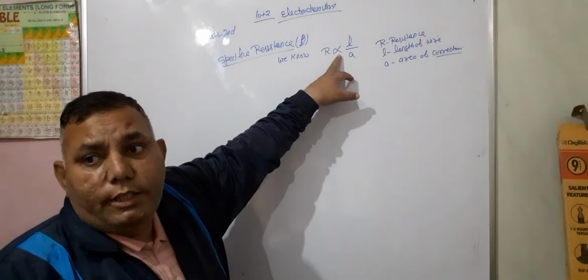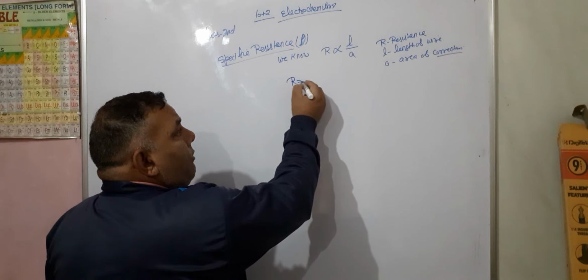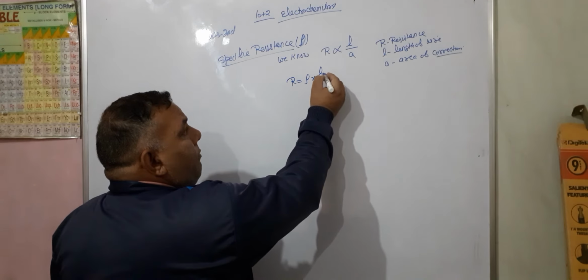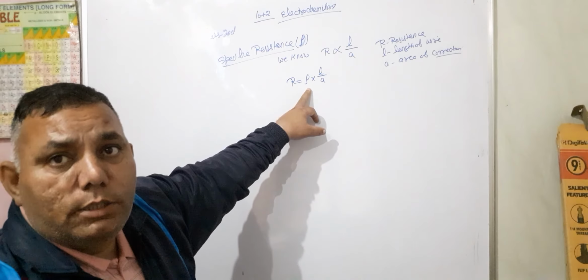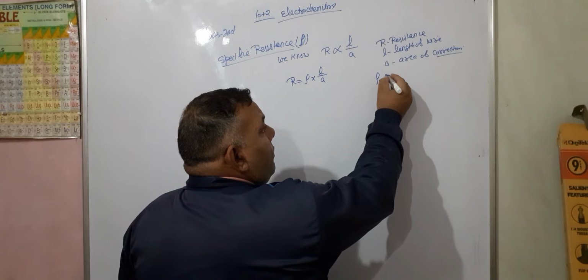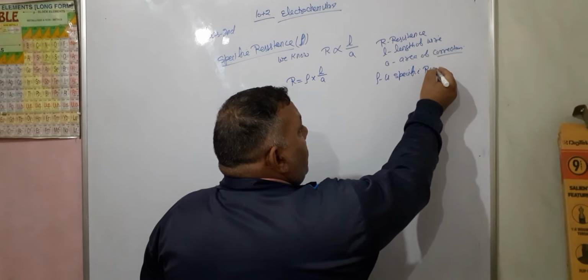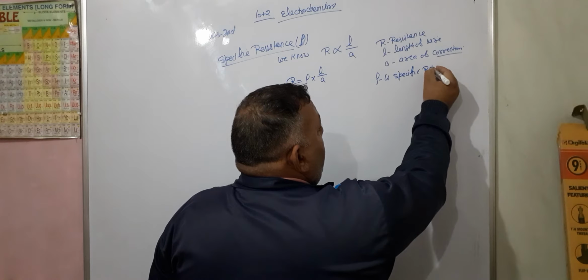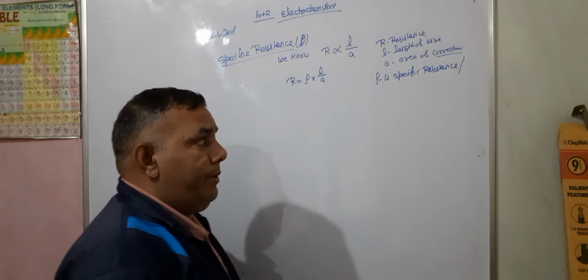When we remove the directly proportional sign, R will be equal to rho into L by A. What is rho? Rho is known as the specific resistance, or also known as the resistivity.